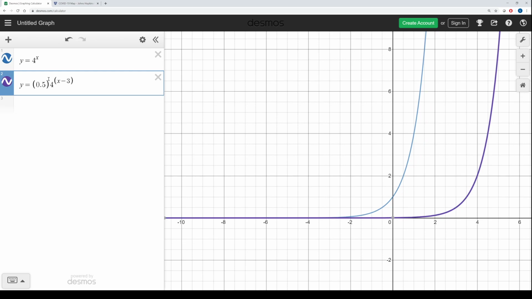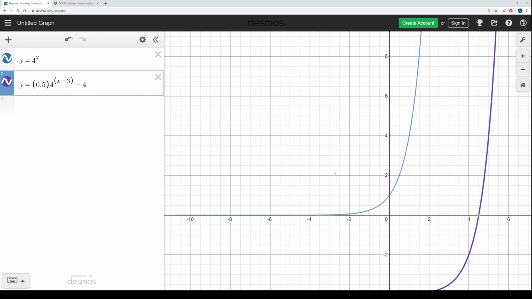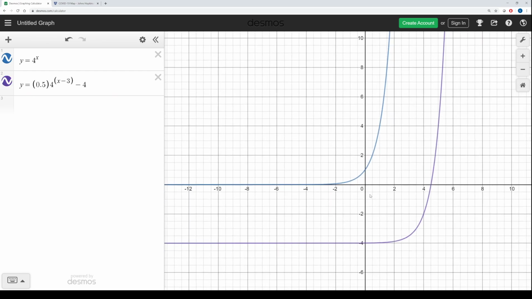And I want it to shift down by 4. Okay. So we've taken our original blue graph, we've made it grow less fast by multiplying by a decimal here. So it takes a little bit longer to get going. We've shifted it to the right by 3, and we've shifted it down by 4. Okay, you can do all of those things at the same time.